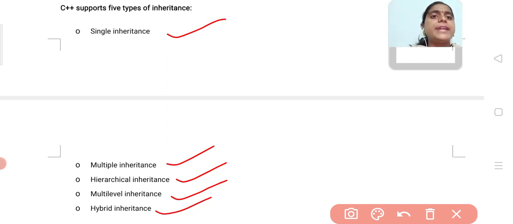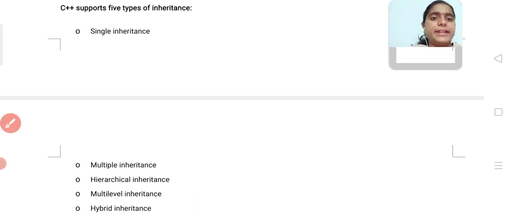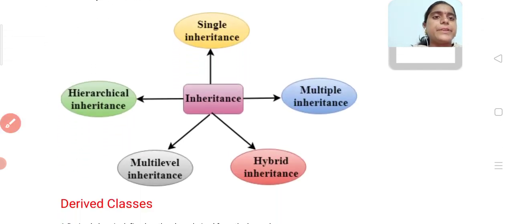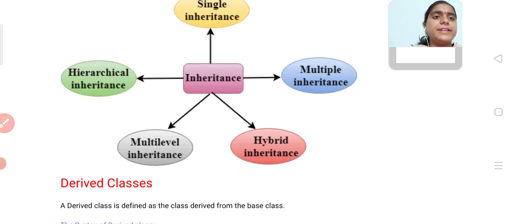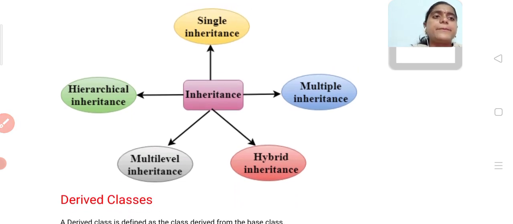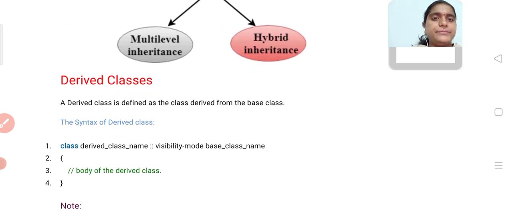Let us see the first type, single inheritance.